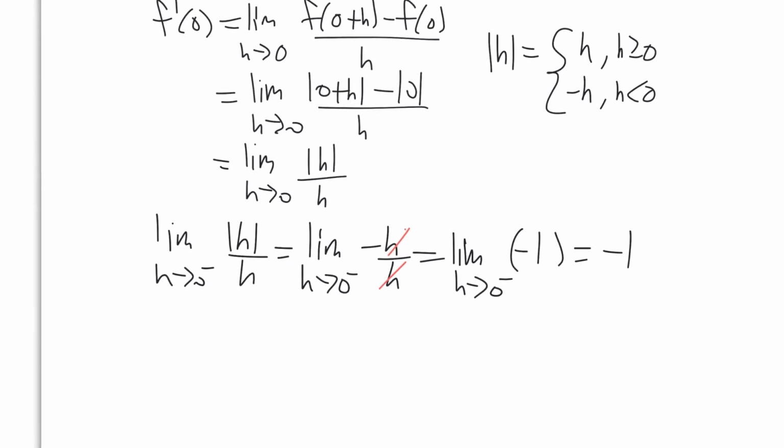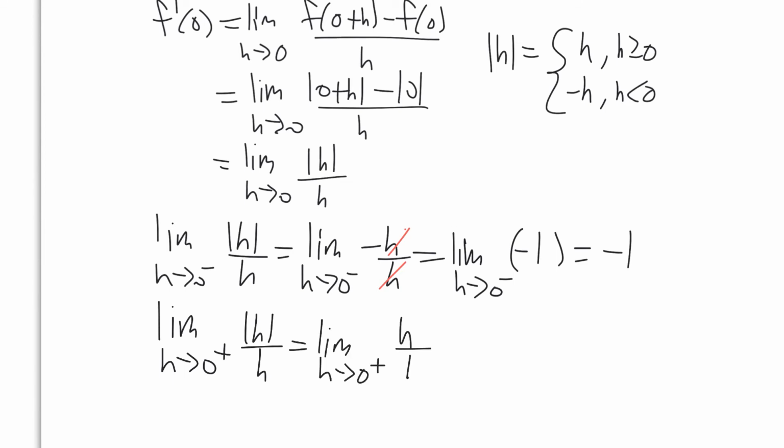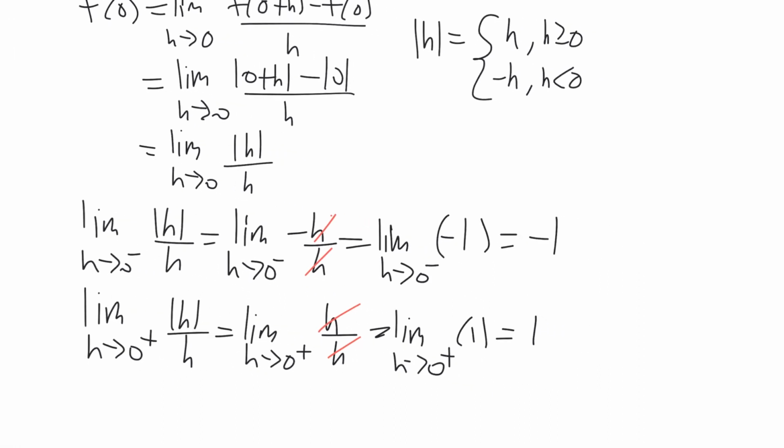If we do the limit as h approaches 0 from the right of absolute value h over h, that means h is taking values greater than 0, so we just get h. We cancel those out, and we get the limit as h approaches 0 from the right of 1, which is just 1. But, and this is very important, these are not equal.